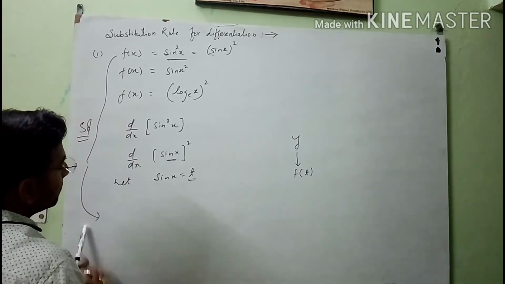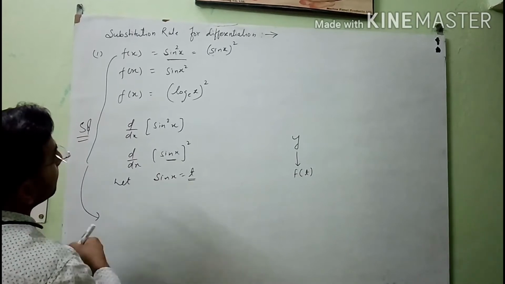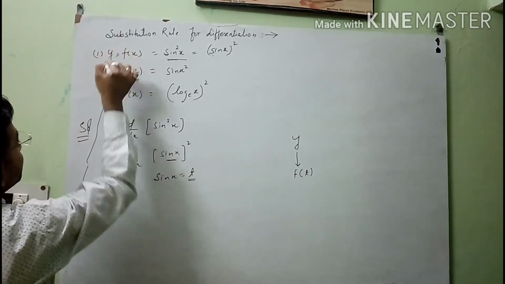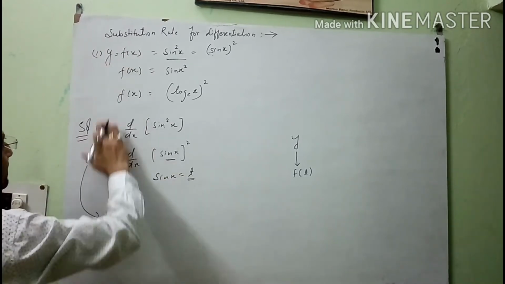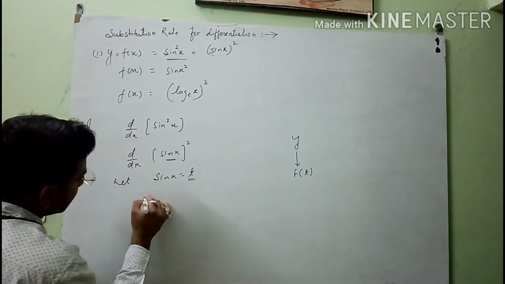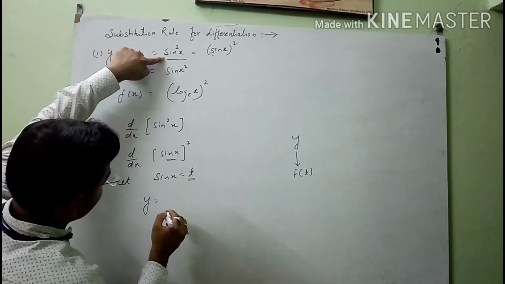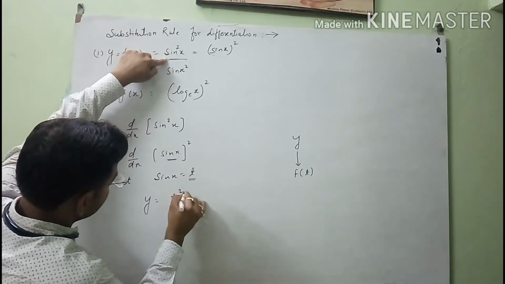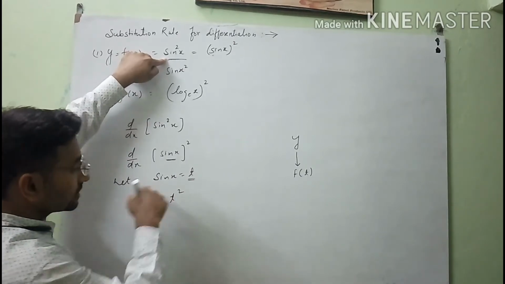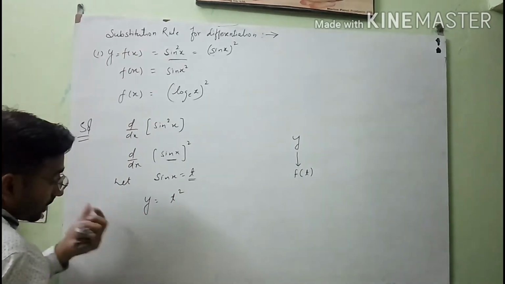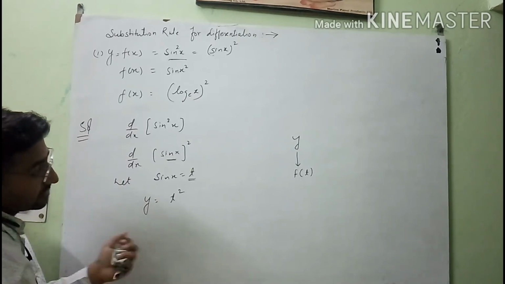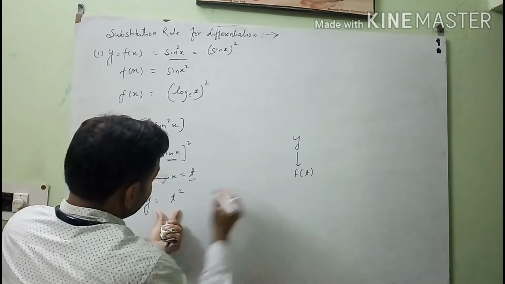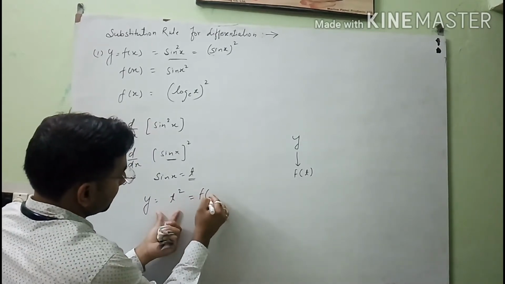When you consider sin x equals t, your function, which I am representing by y, not by f(x), is equal to t square, and you know that t is a function of x. So you will observe that y is now a function of t, because t square is a function of t.